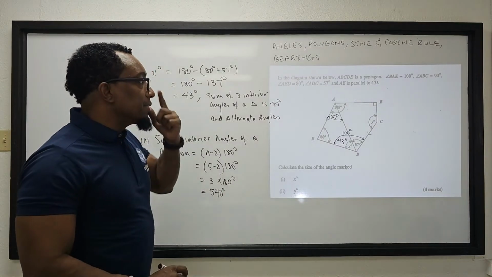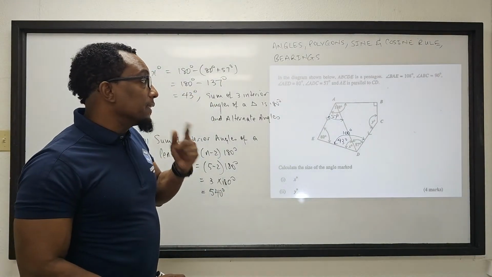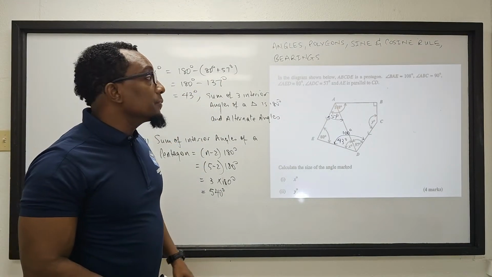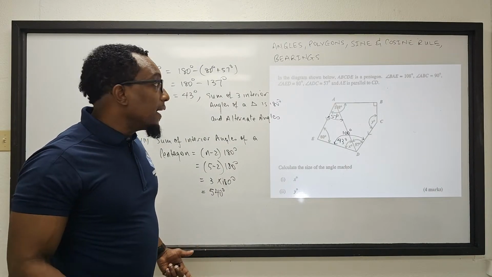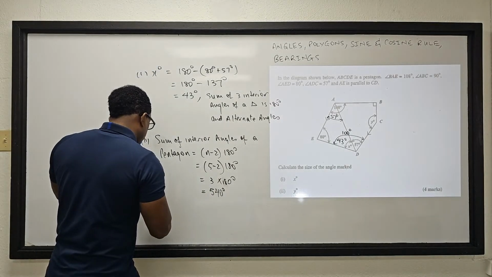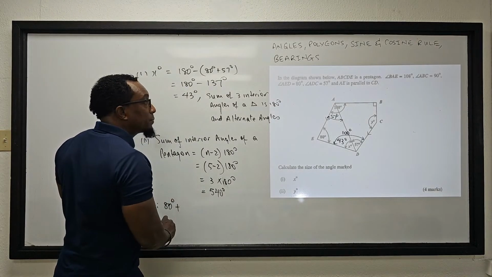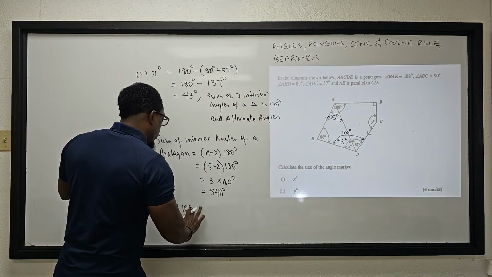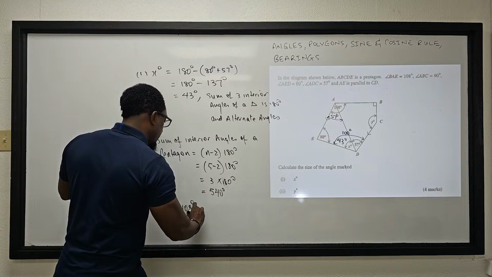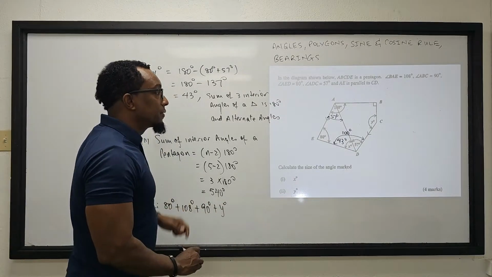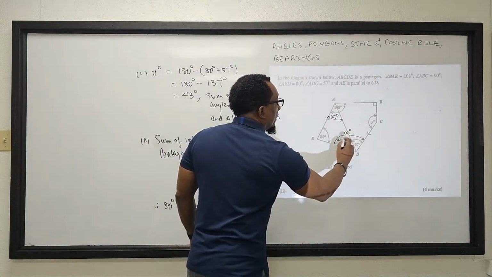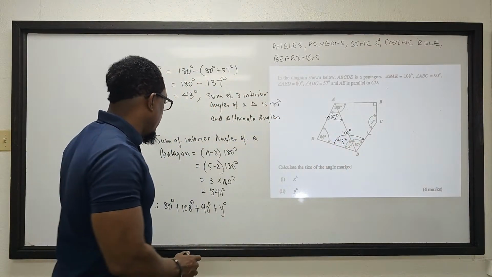So if we know the sum of interior angles of that pentagon is 540, then let's add up all the interior angles we have in that pentagon right now, put it equal to 540 and find Y. So that's 80 degrees plus 108 degrees plus 90 degrees plus Y degrees plus this entire angle here is 100 degrees, right?